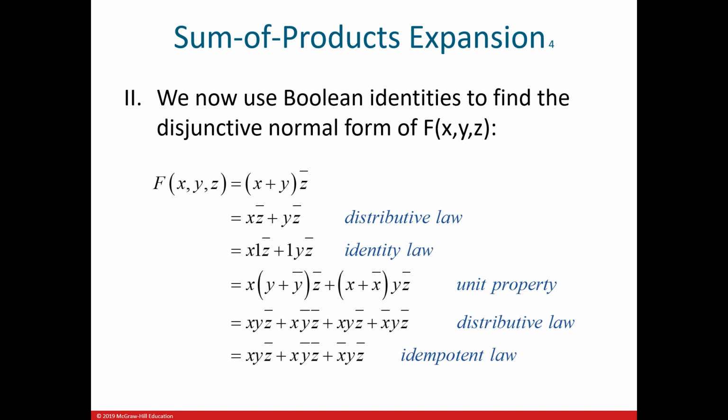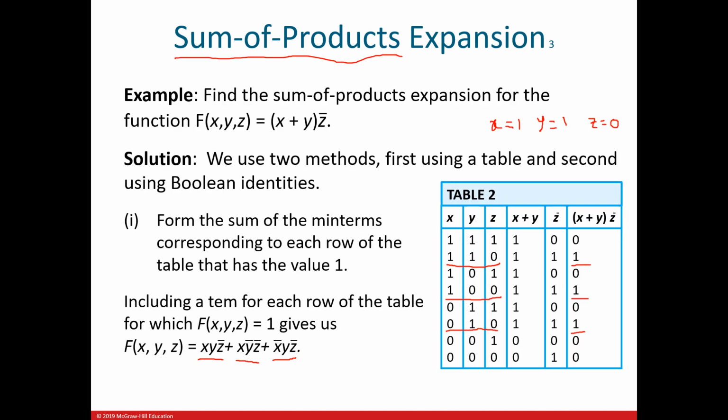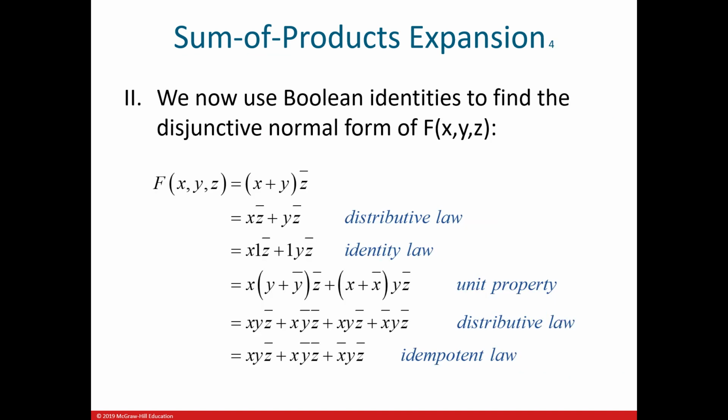And then we want to find if it is indeed possible to expand this given equation into this form by using the rules that we already saw. So this was the truth table method, but can we expand it using the rules or laws that we already saw? Here, if we first use the distributive law, we can expand it as x z complement plus y z complement, and then we have to add another 1 here as a product.